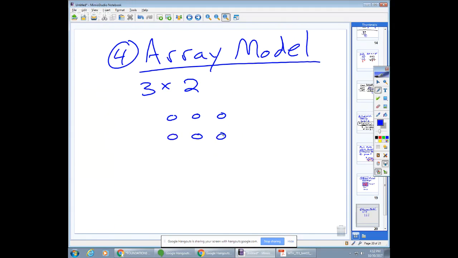So in terms of lining them up, there's nice rows and there's nice columns. Okay. So where the area model looks at the space in between, the array model only looks at those points of intersection. That's what we care about.